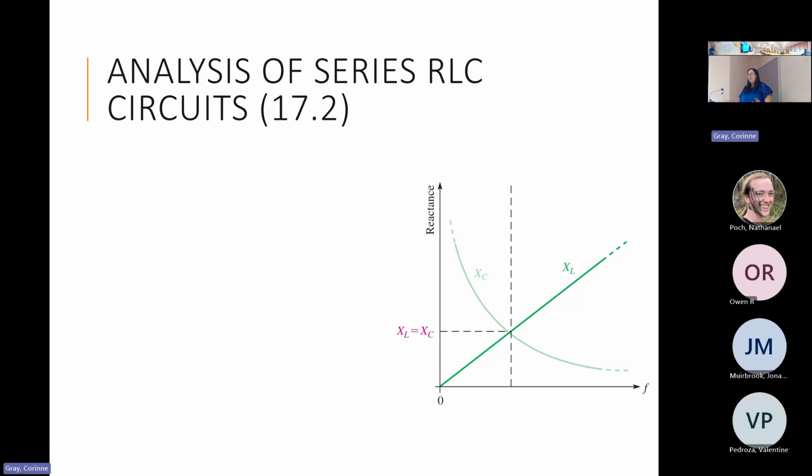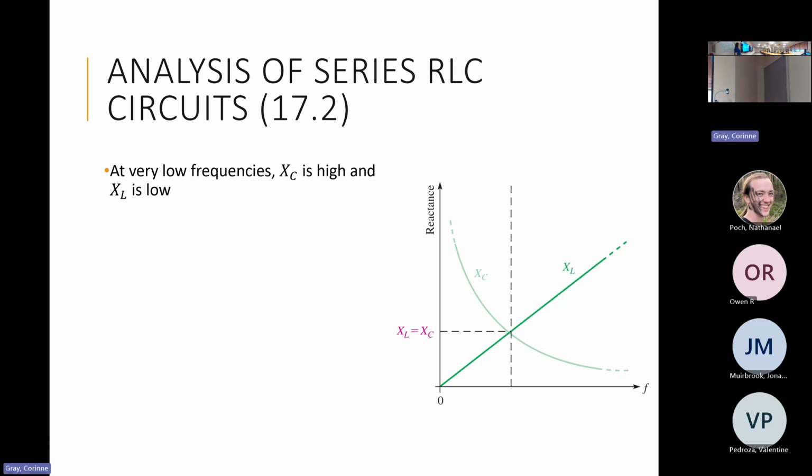So let's say we have a really low frequency. So we're somewhere down over here. Now we want to think about what would our series RLC circuit do with a low frequency, right? Frequency being smaller, when we're just multiplying by that value, we're going to get a smaller value. When we're dividing by a small number, we get bigger numbers. So for low frequencies, XC is high and XL is considered low.